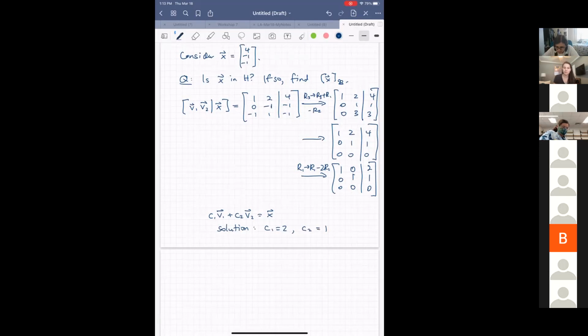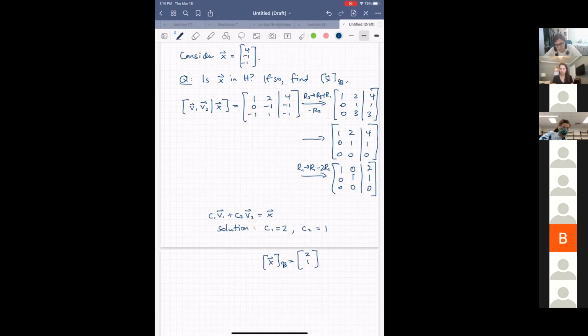Right? Okay. And since we have these constants that give us this linear combination for X in terms of V1 and V2, that means that those will form our coordinates for the basis. So in this basis, the representation for X is 2, 1.